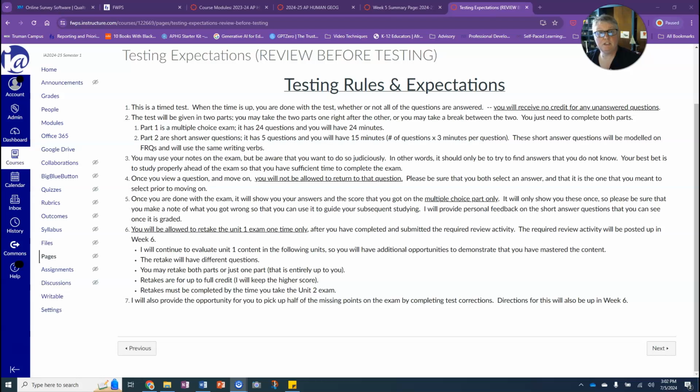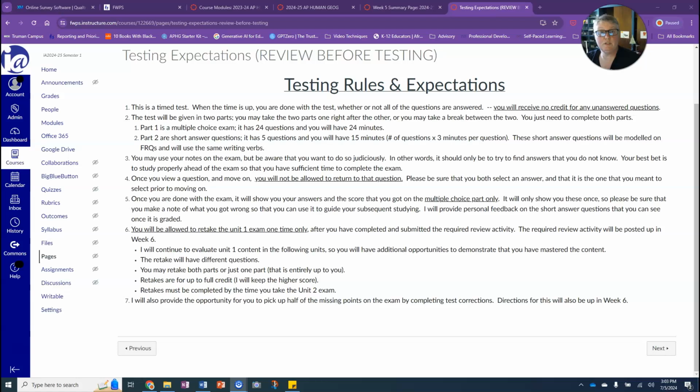Okay. You may retake the unit exam 1 time only. And to do so, you must complete and submit the required review activity. The required review activity will go up in week 6 so that you'll have some time to get that done.